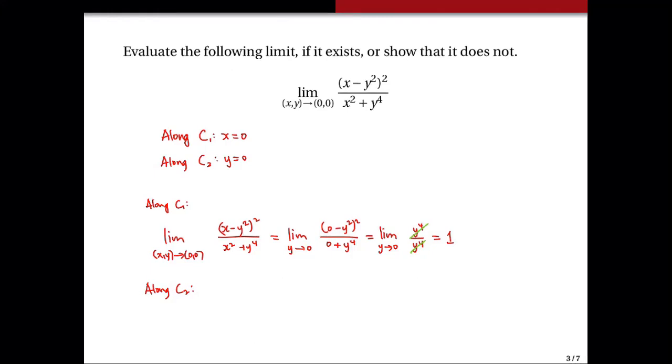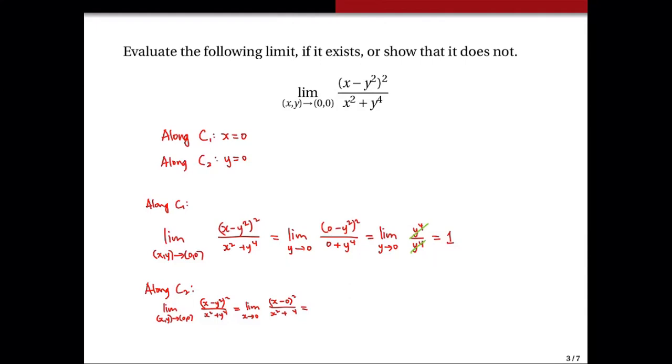So anyway, along C2, we will have the limit as the point x comma y goes to 0 comma 0 of the same expression. We have x minus y squared over x squared plus y to the 4. So it will simplify into the limit as x goes to 0 of x minus 0 squared over x squared plus 0 to the 4.